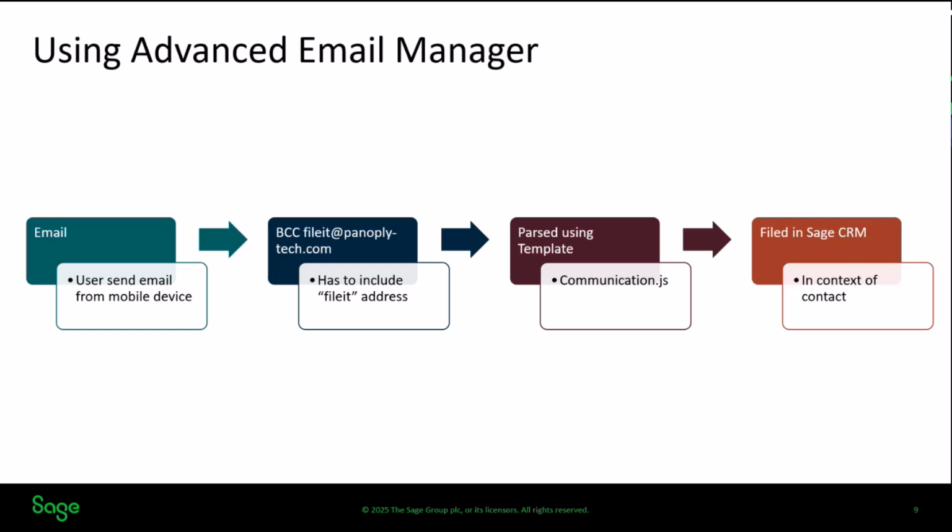We could be affecting things which create other alerts for other users who are also mobile users. But what if we are just wanting to use our device and send an email, and want that email filed into Sage CRM?